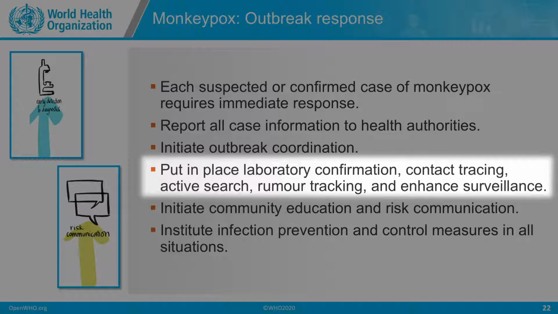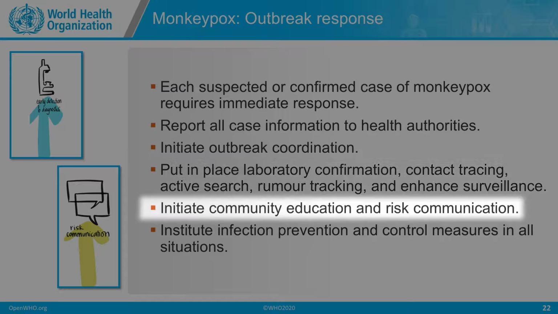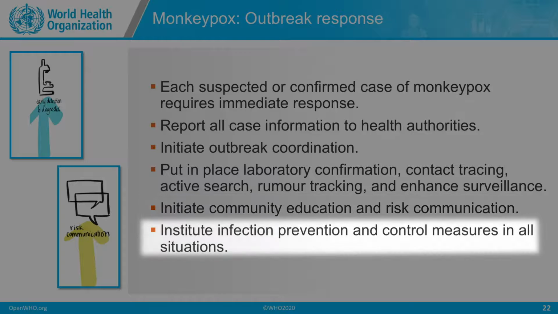It's essential to put in place contact tracing and management immediately, active search for more cases, tracking of rumors, and enhancement of surveillance. Likewise, communities will need to have the right information and the key messages. Risk communication becomes very important in these circumstances. And remember, infection prevention and control at home and in the health facility are essential in all situations.